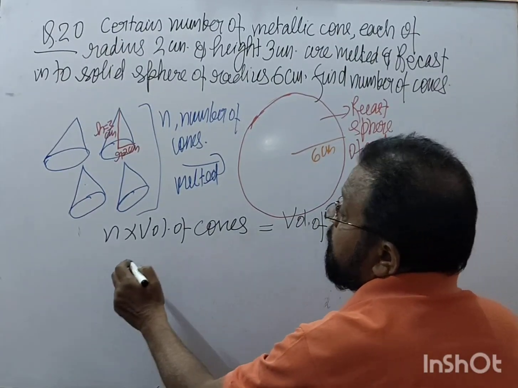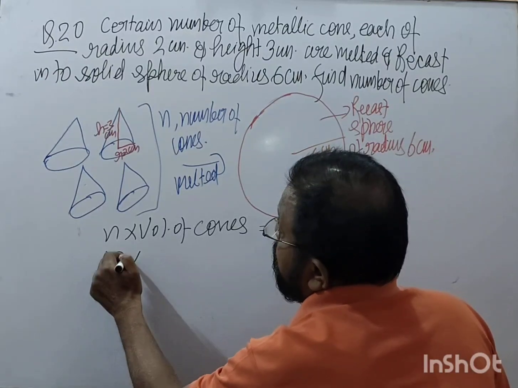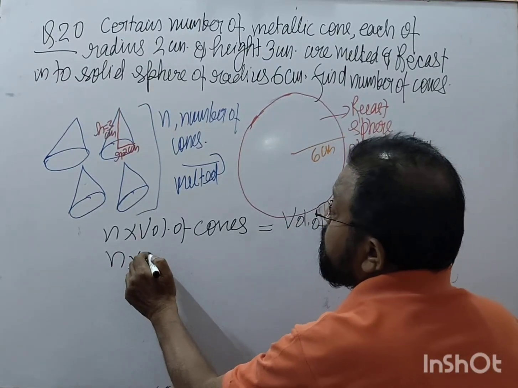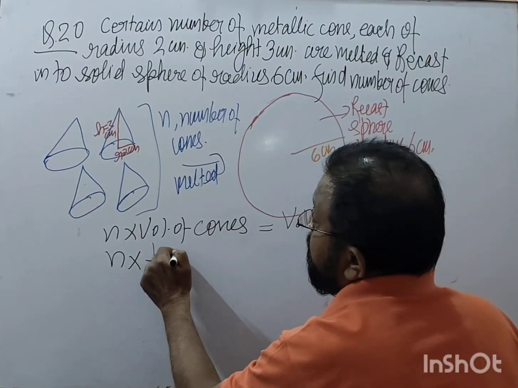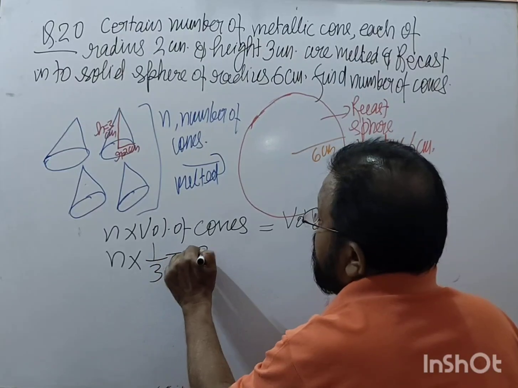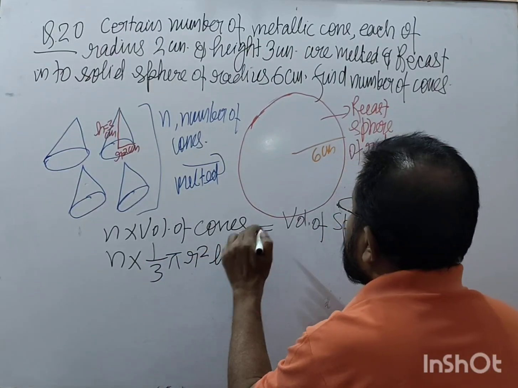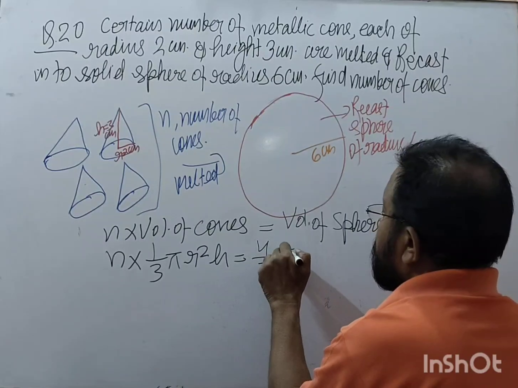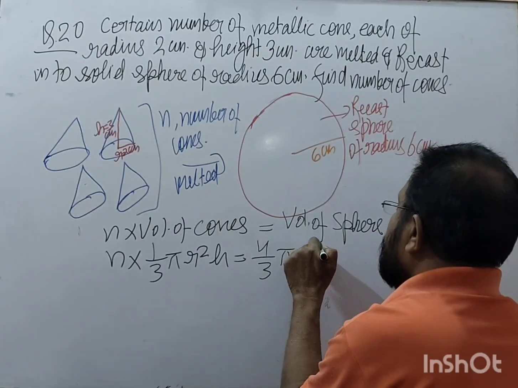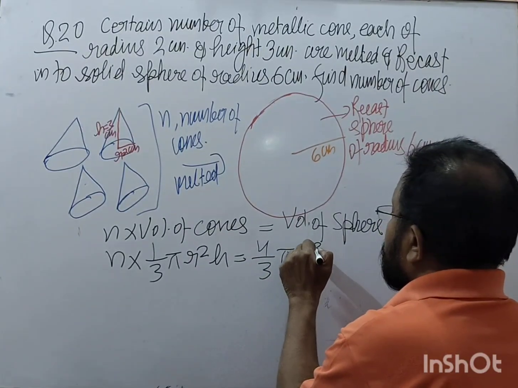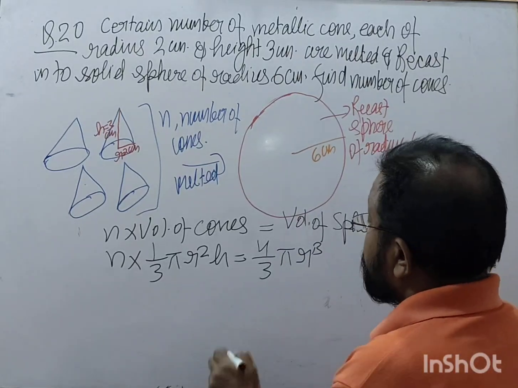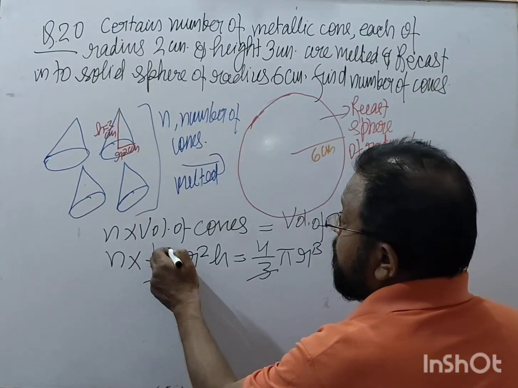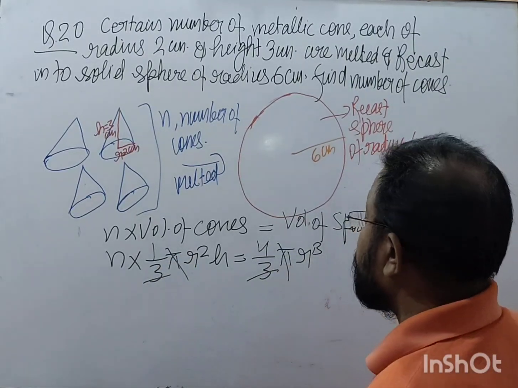So n into volume of cone, 1 upon 3 pi r square h, is equal to volume of sphere, 4 by 3 pi r cube. This 3 and 3 gone, pi and pi gone.